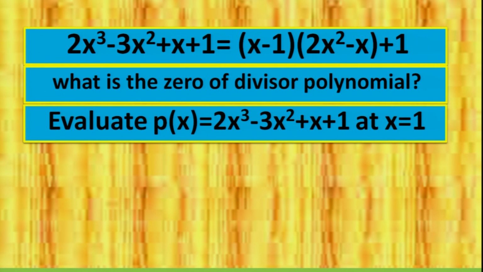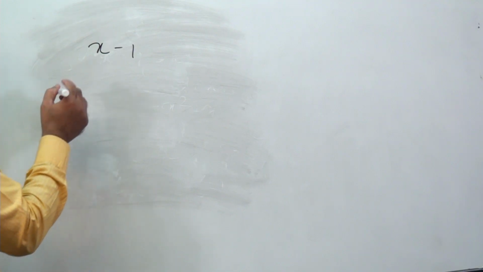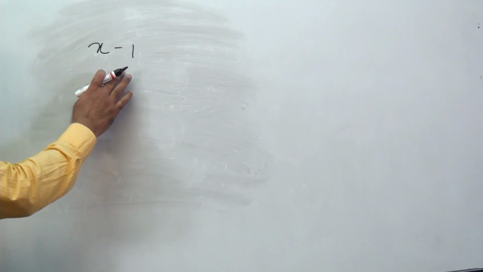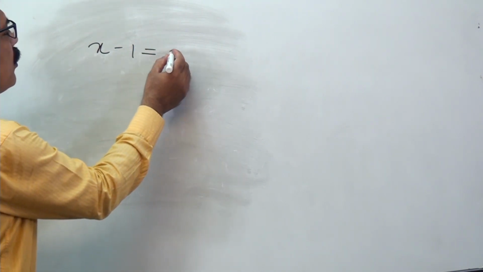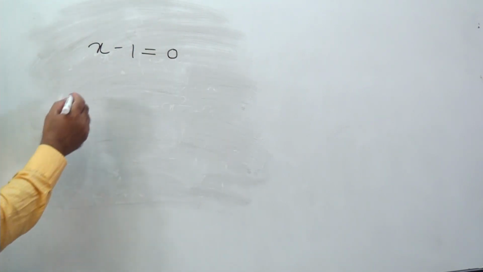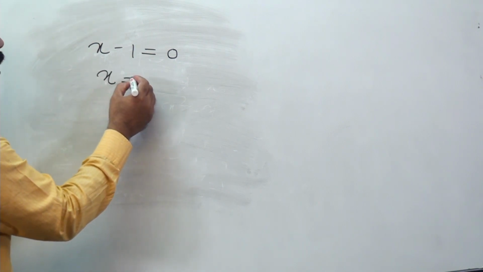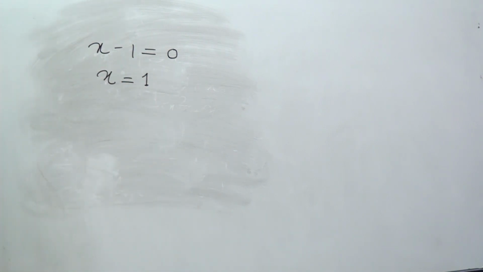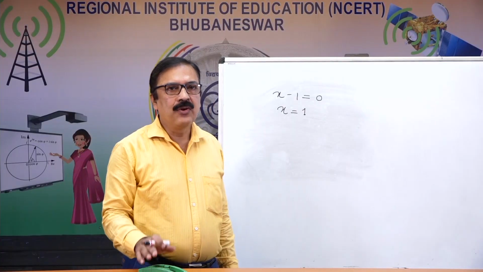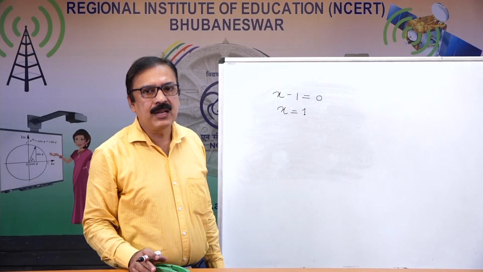Let's consider the divisor polynomial x minus 1. To find the 0 of it, we have to solve this equation. From this, we get x equal to 1. Now, as we know, the 0 of this polynomial is 1.